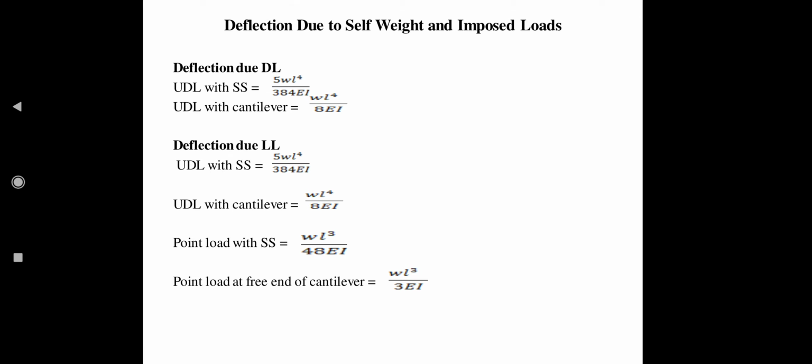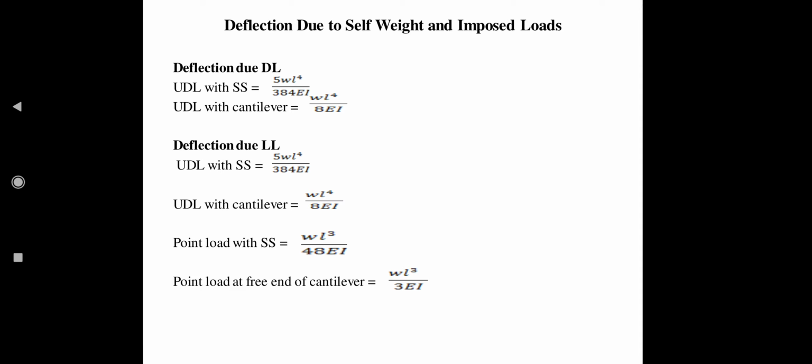So those are the equations and different conditions for which the beam will undergo deflection considering pre-stressing of cables. So the second and third thing is deflection due to self weight and imposed load. So it's the deflection due to self weight.